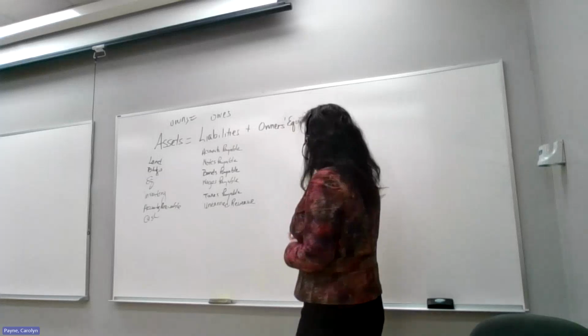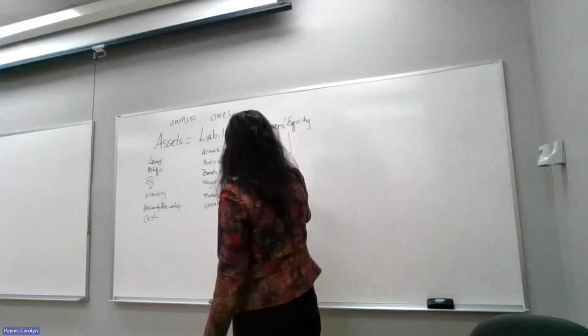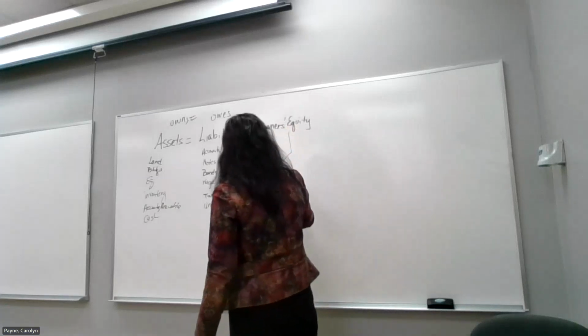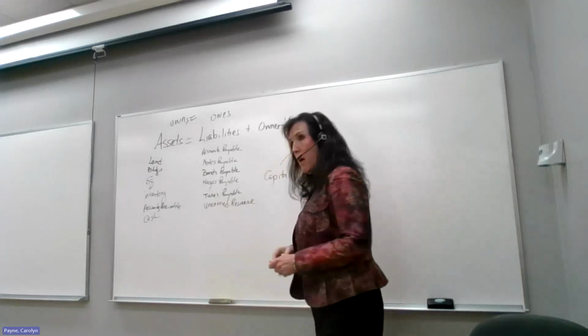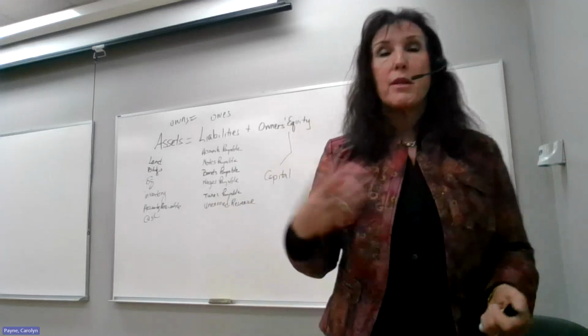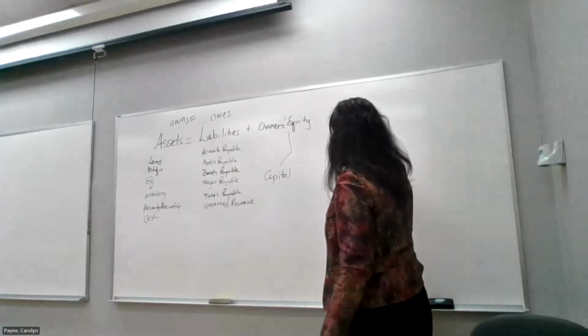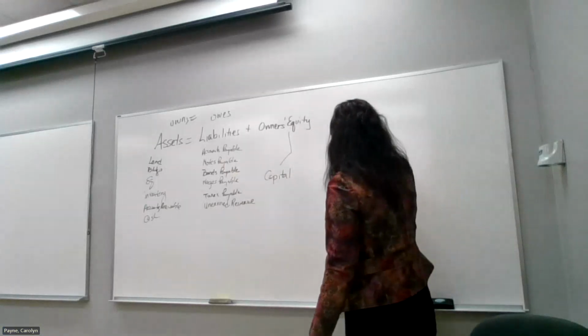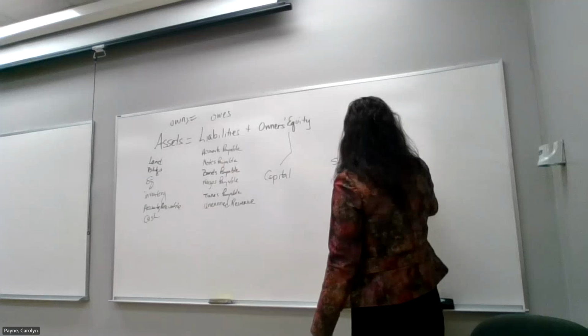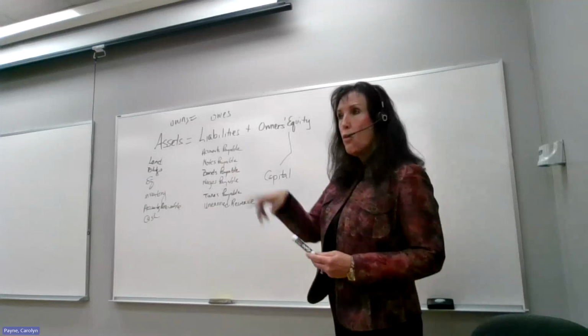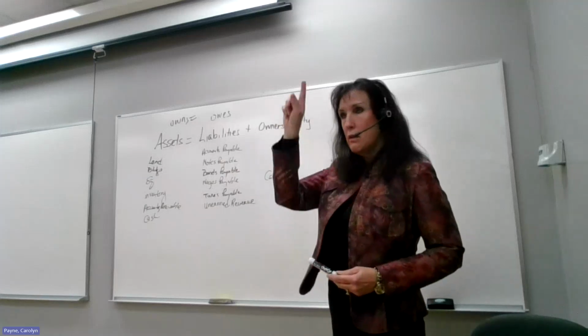Okay, and then owner's equity. Of course, initially, owner's equity is going to come from the pocket of the owner. Okay, so if I'm a sole proprietorship, does somebody know what a sole proprietorship is? Sole meaning it's not this kind of soul, right?